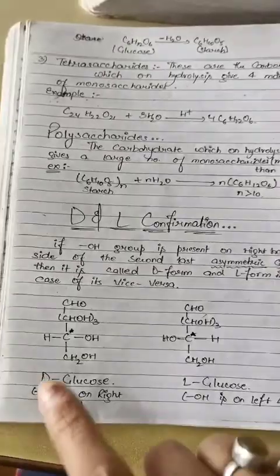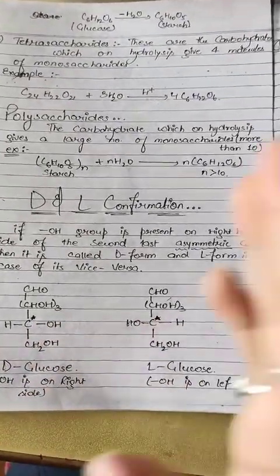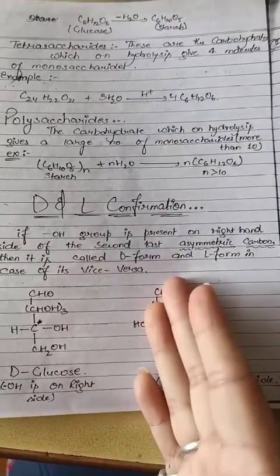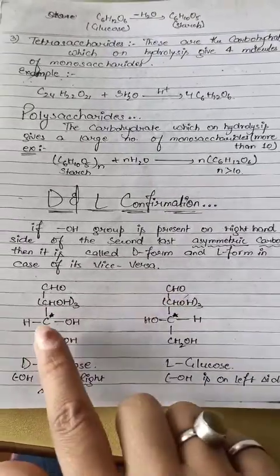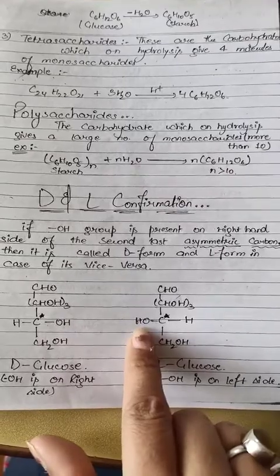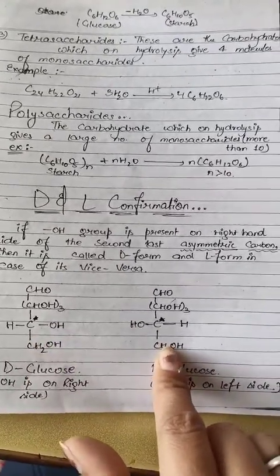Like here we make a diagram, the same process we are using here. In between we put a mirror, and then we have to write CHO, CHOH, CHOH, CH2OH. Now this OH, when we see it in the mirror, will come on the other side, like this: we write HO, and the rest is written the same.